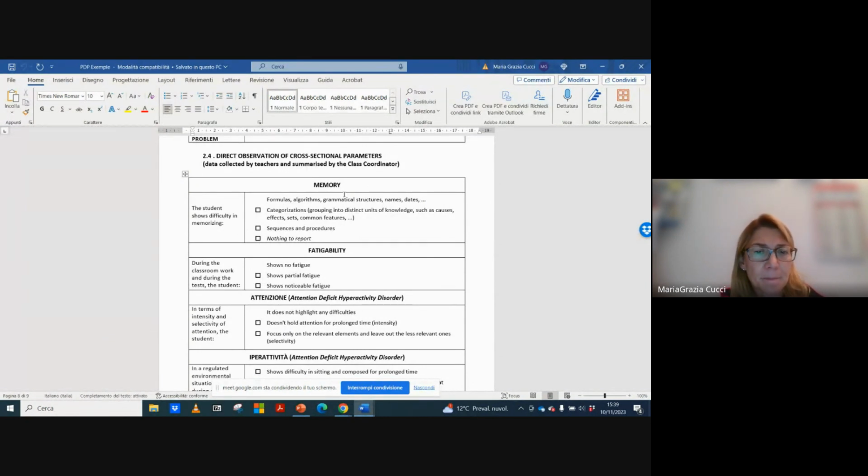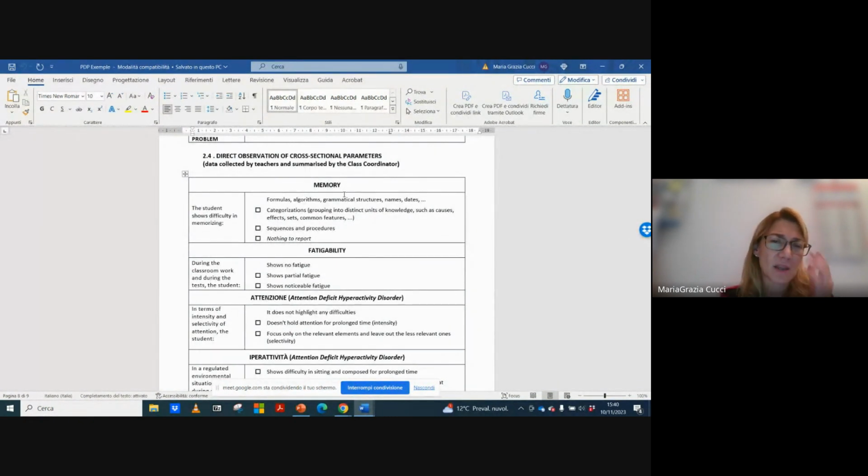Fatigability. We would like to know whether the student shows fatigue. It is not normal unless we have very hard work to do in class, for instance, 2 hours of mathematics work to prepare.